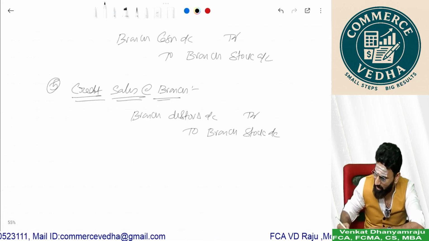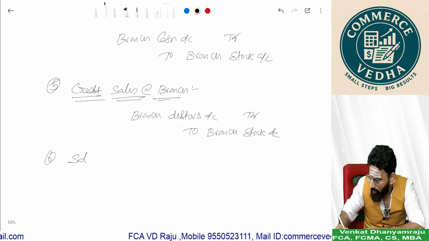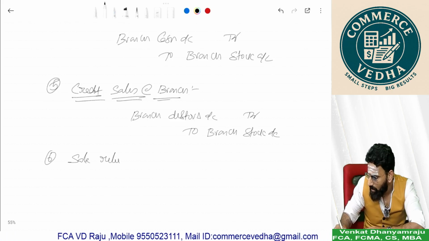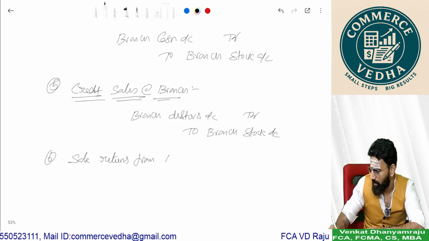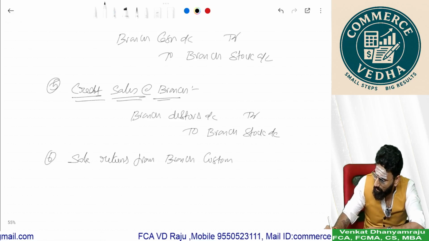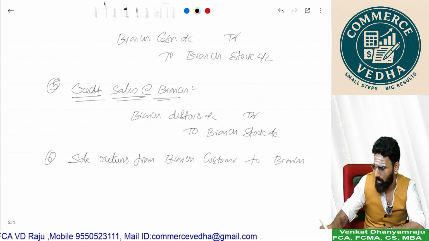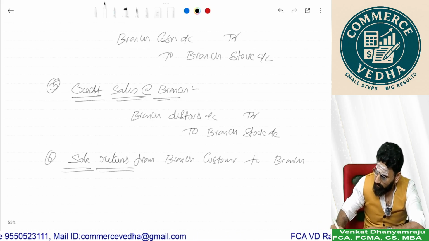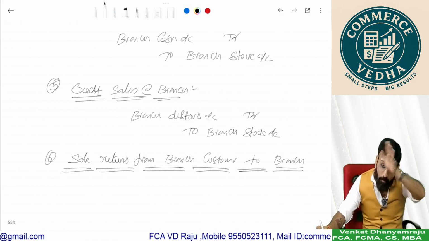Now, whenever there is credit sales, there may be sales returns from branch customer to branch. So here branch customer returns the sales to the branch.